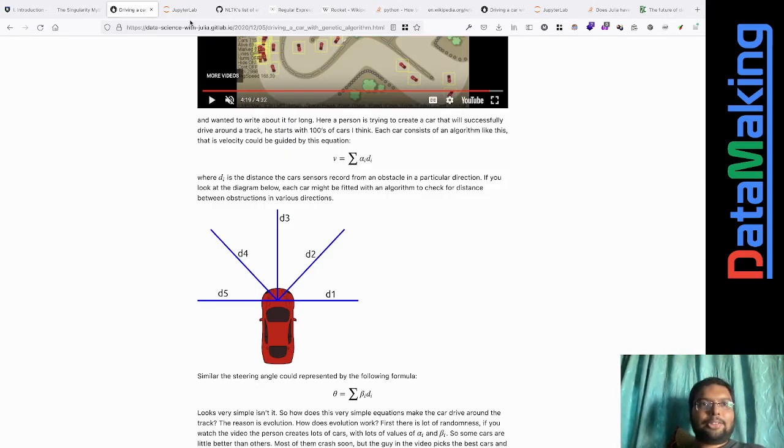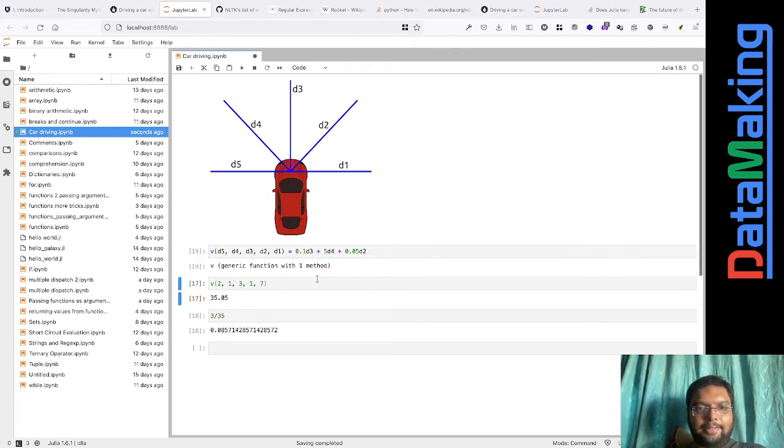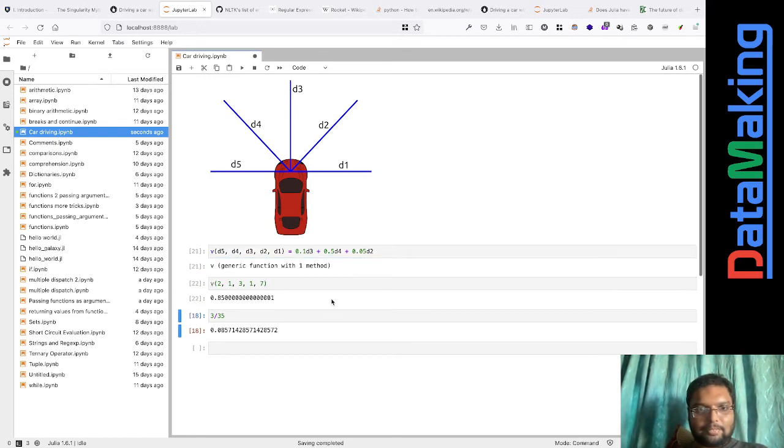Slowly it will evolve into something like 0.1 D3, and this will prevent crashing. Even this 5 D4 is high, so it might evolve to 0.5, and that seems a bit optimal, 0.85.